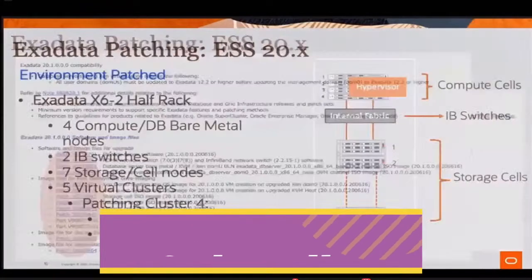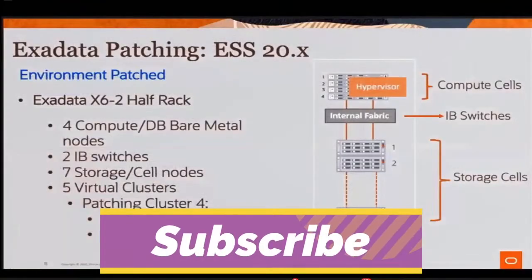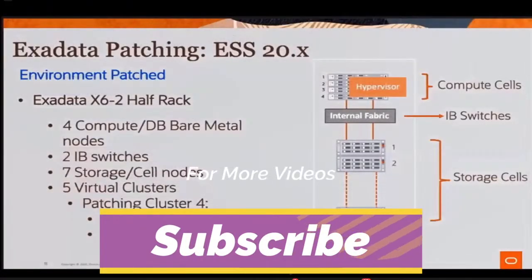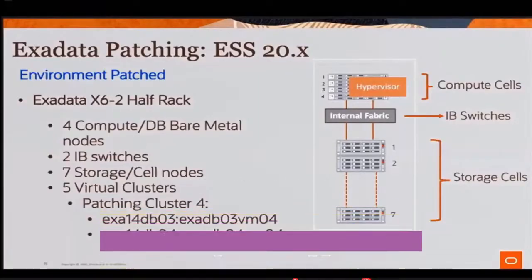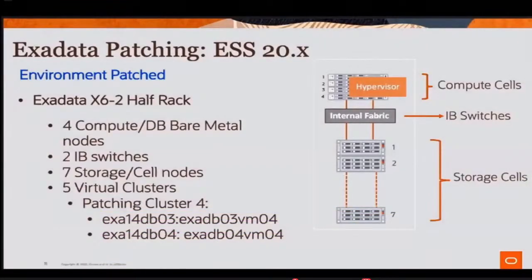Well, now that we have discussed the patch planning process, let's look at the environment we have today to execute the patching. Here today we have an Exadata X6-2 half rack, which has 4 compute nodes, 2 InfiniBand switches, and 7 cell storage servers. The compute nodes are virtualized and host multiple VMs, forming 5 virtual clusters.